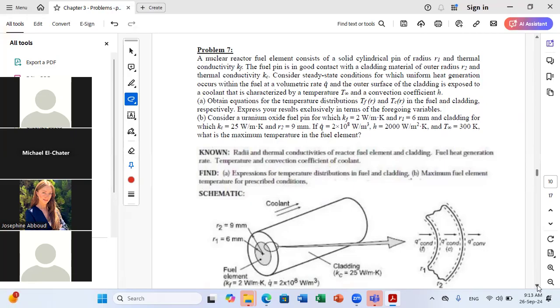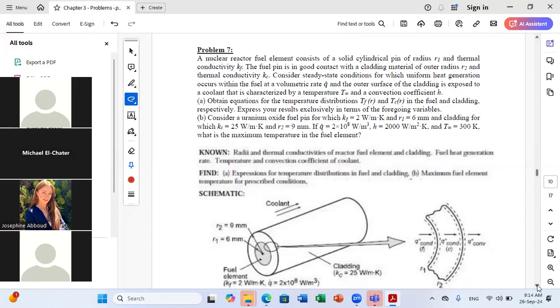Consider steady state conditions for which uniform heat generation occurs within the fuel at a volumetric rate Q dot, and the outer surface of the cladding is exposed to a coolant that is characterized by a temperature T infinity and a convective coefficient h. We want to obtain equations for the temperature distribution within the two materials, within fuel and cladding respectively. And then we want to express the results exclusively in terms of the given variables.